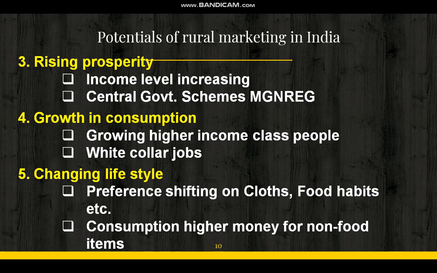They earn a better salary from jobs in town areas, but they continue to live in their self-owned homes in their villages itself. All these have been reflected in the purchasing power of the rural mass. And the next point is growth in consumption. Growth in consumption already explained.